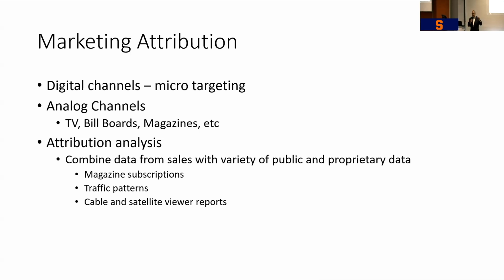And what really helps solve this problem are two things. One is the ability to combine a large variety of data sources, okay? So for example, if you are interested in knowing which billboards on the roadside are working, you might get data from the State Department of Transportation on the traffic going along that road.